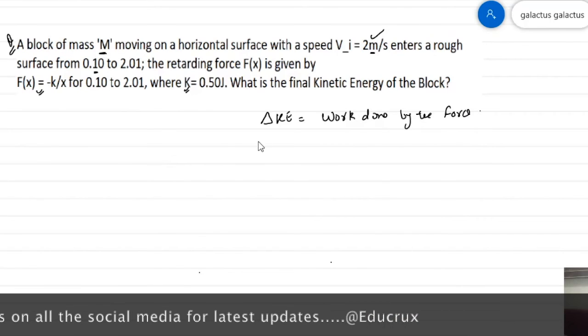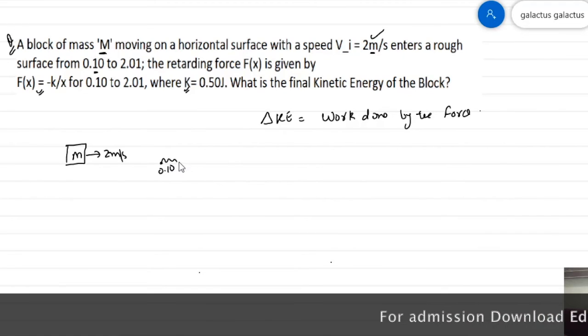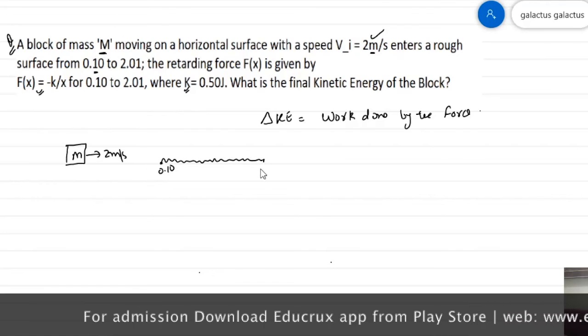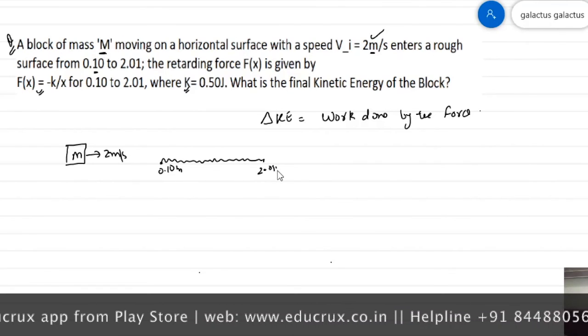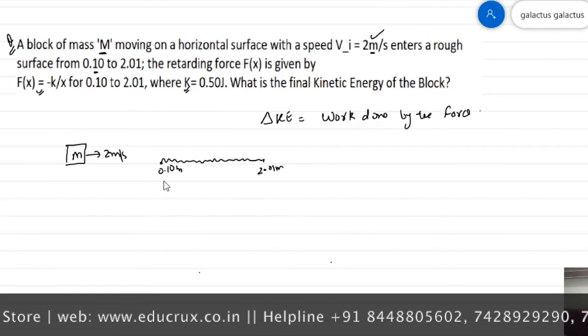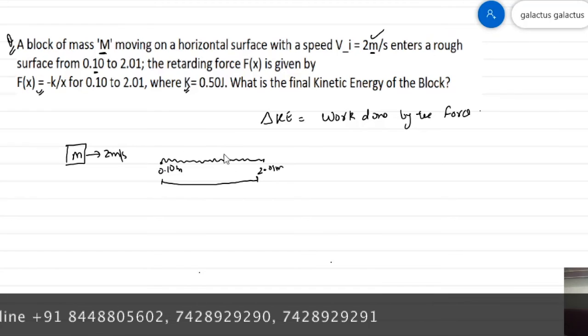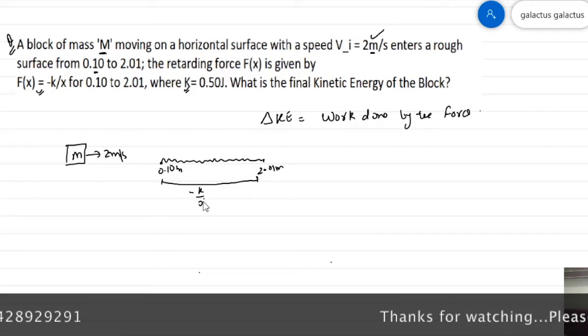Suppose the body is moving with a velocity of 2 meter per second, and at 0.01 it encounters a bumpy road or rough surface till 2.01 meter, and the retarding force acting from 0.01 to 2.01 is given by minus k by x.